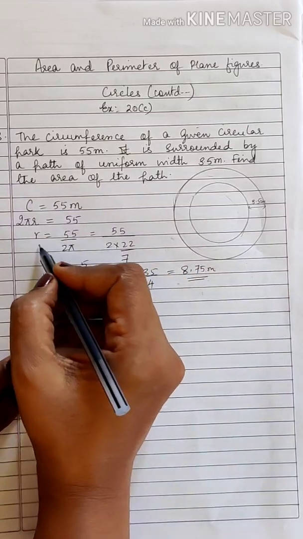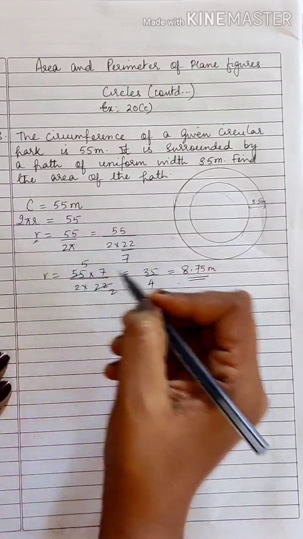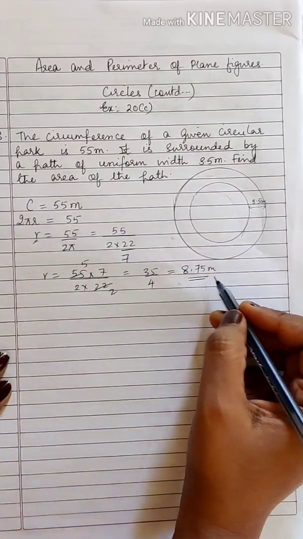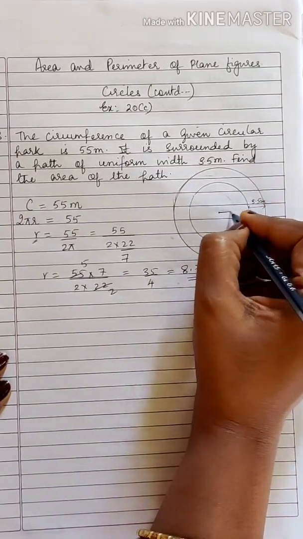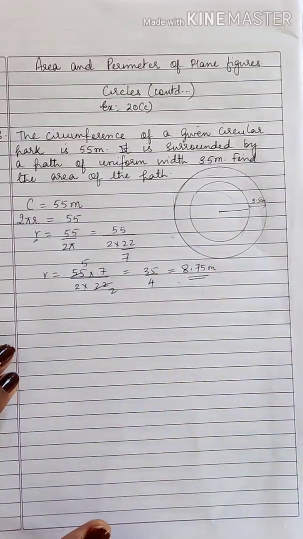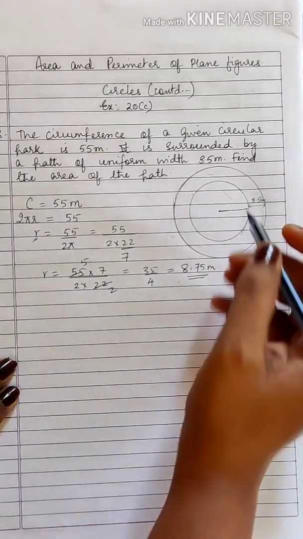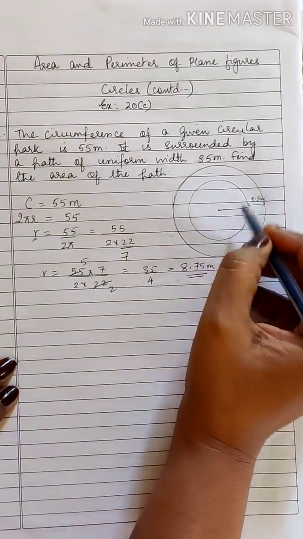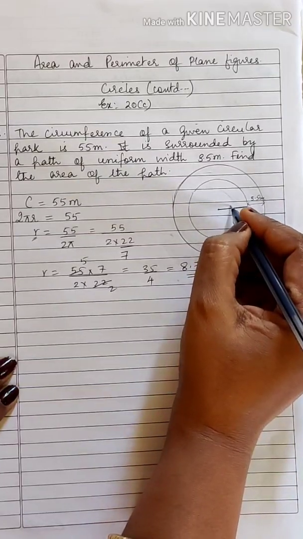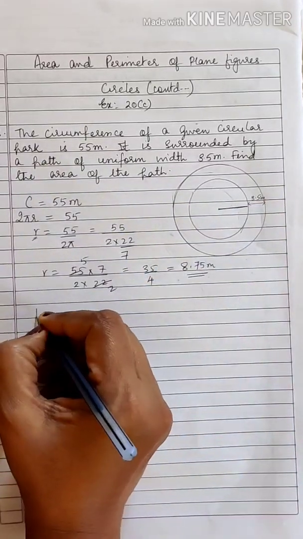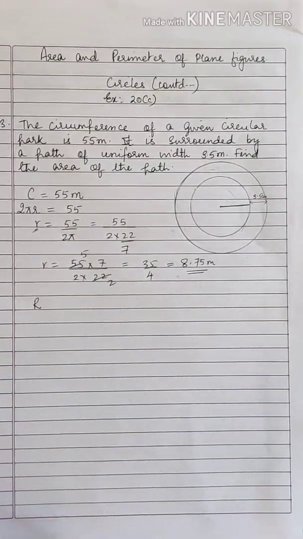So you get the radius of the circle as 8.75 meter. That is the inner radius. Okay, now you have to find the outer radius. Now this is the inner radius, which is 8.75. Now you will find the outer radius.